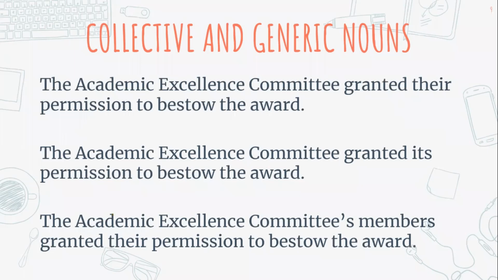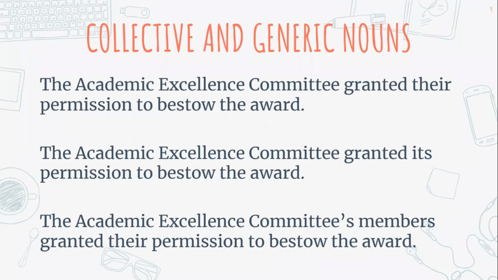And then here, all of these sentences can be correct. Why? "The Academic Excellence Committee granted their permission to bestow the award." It can mean that each and every member inside the committee granted permission to bestow the award.